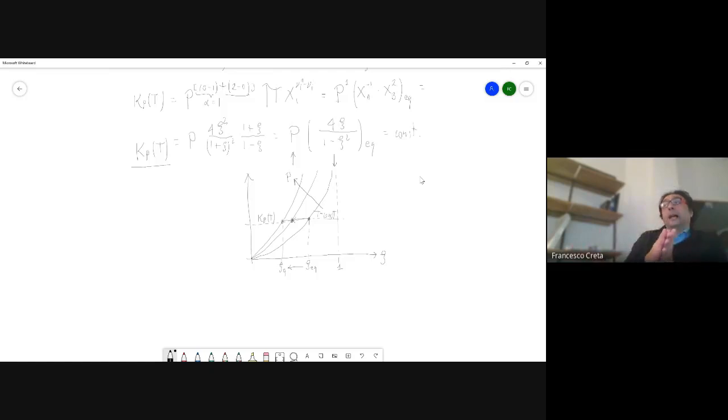So when alpha is positive, it means that the reaction, when it shifts from left to right, will essentially tend to increase the pressure. So the reaction will spontaneously counteract that increase in pressure by moving in the opposite direction.